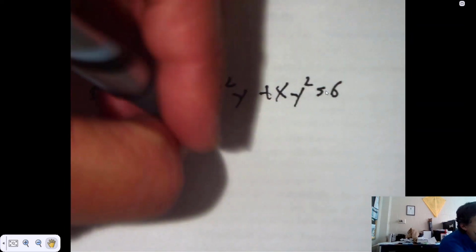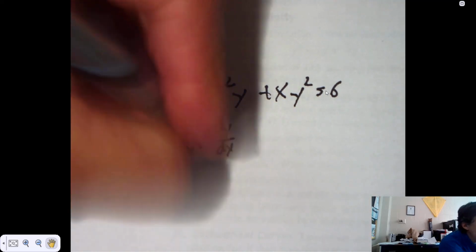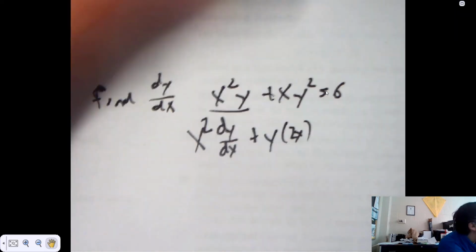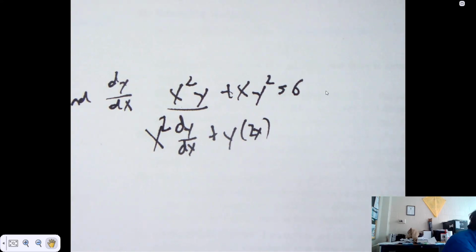But the product rule would say do x squared, then dy/dx, and I'm focusing on this piece right here, plus y times 2x. Product rule says 1 times the derivative of the other, plus the other times the derivative of the first.